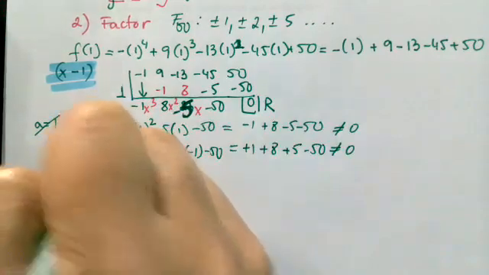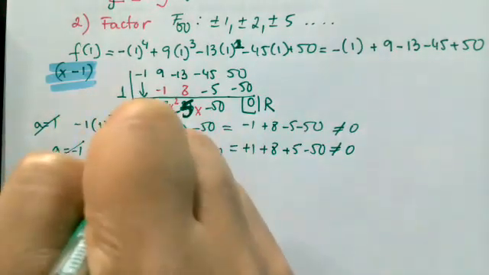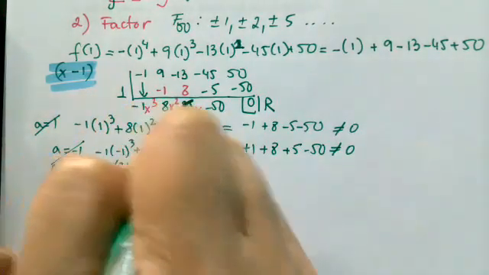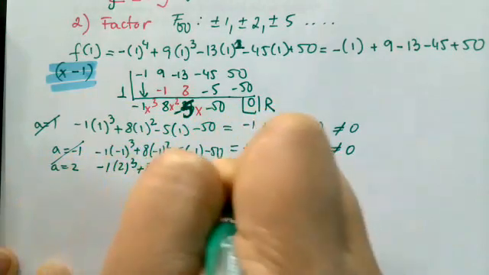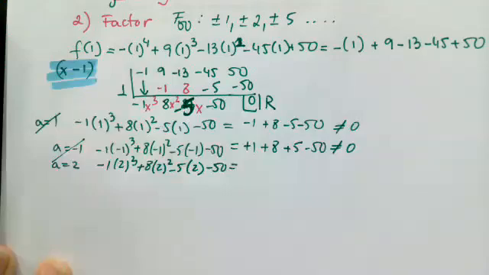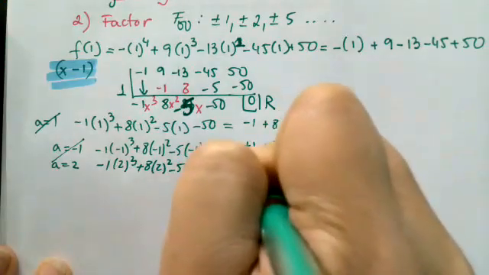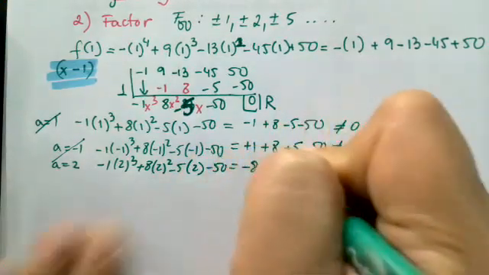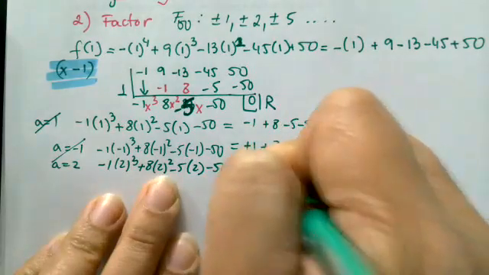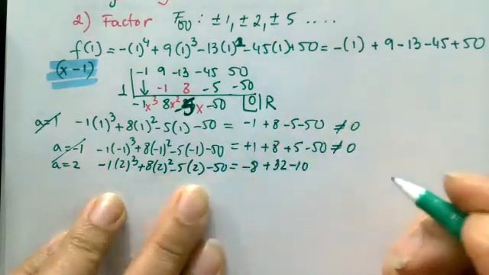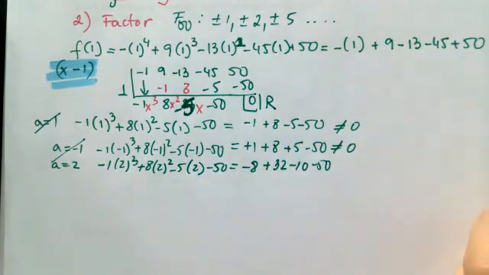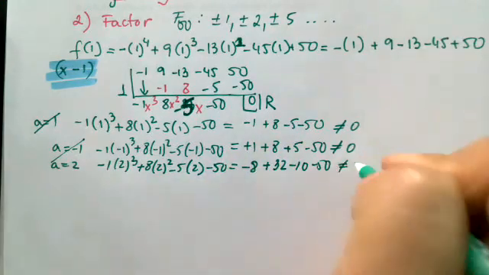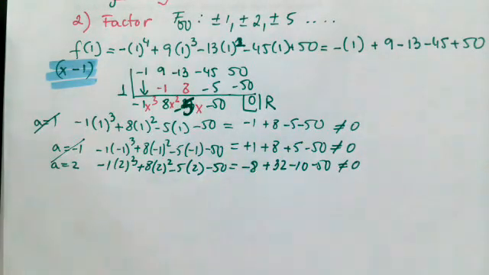Then 2: 2 cubed plus 8 times 2 squared minus 5 times 2 minus 50, that's 8 plus 32 minus 10 minus 50. Too many negatives, so not equal to 0.